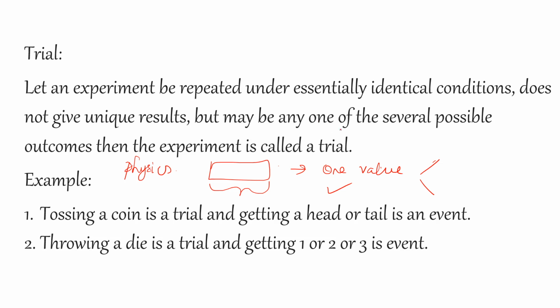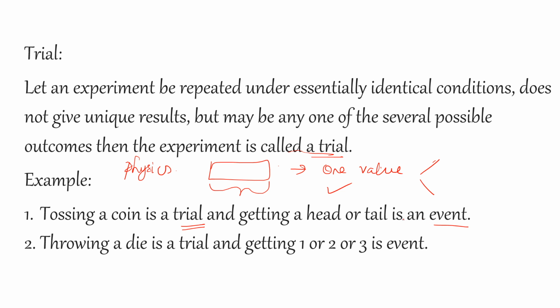When you can get one of more than one outcomes, then it is called a trial. In a statistical probabilistic experiment, the outcomes will be more than one. Then we call it a trial. So tossing a coin is a trial, and getting a head and getting a tail is an event.